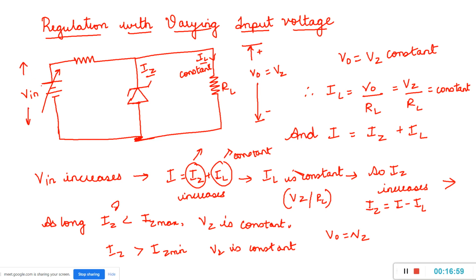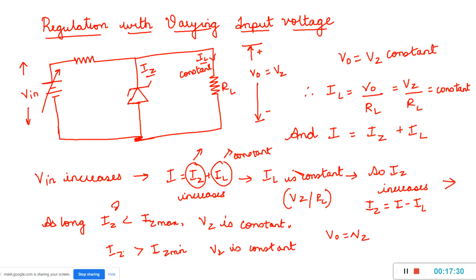Whenever Vin increases, current increases. I is equal to Iz plus IL. IL is constant, so only Iz will increase. Iz is equal to I minus IL. As long as Iz is lesser than Iz max, we get a constant voltage. Next condition: when Vin decreases, total current decreases. IL is constant, so only Iz will decrease.